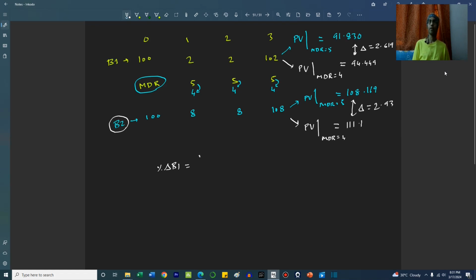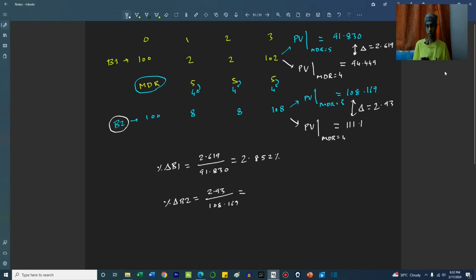Now, if we try to calculate the percentage change of the price, this will be 2.619 divided by 91.830. This comes to be 2.852%. And if we calculate the percentage change of price for bond 2, this will come to be 2.93 divided by 108.169.